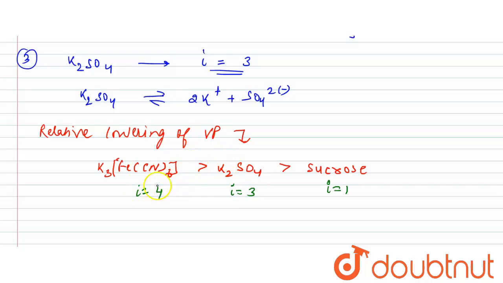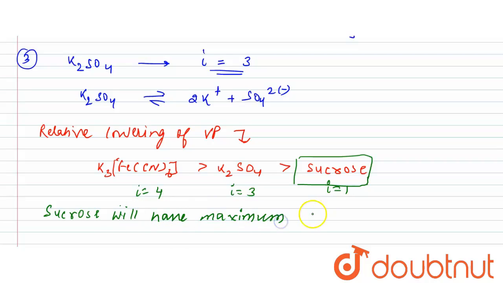Since maximum value of i means maximum relative lowering of vapor pressure, and sucrose has the least lowering of vapor pressure, sucrose will have maximum vapor pressure. So the maximum vapor pressure will be of sucrose.